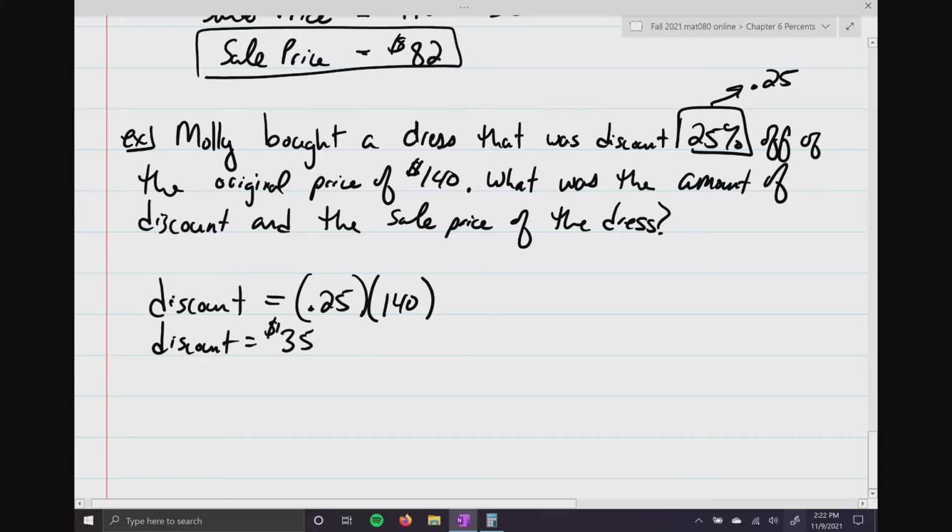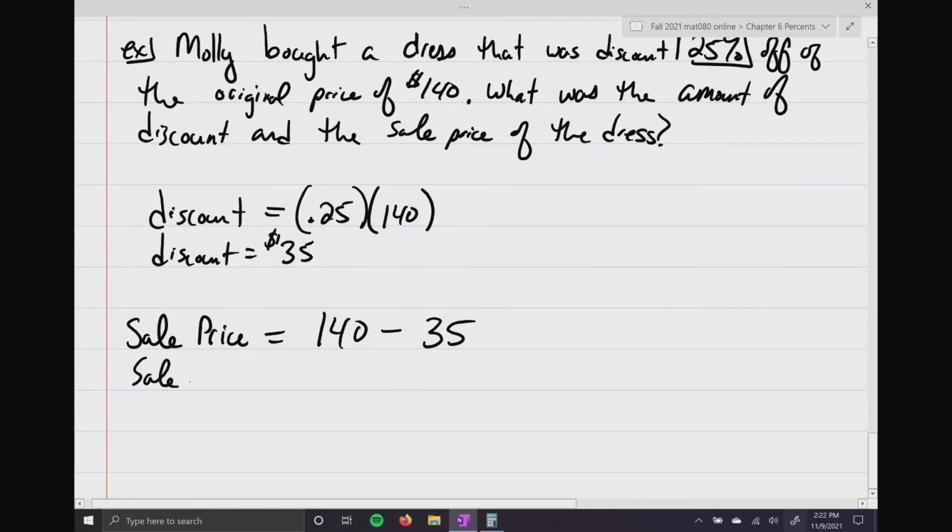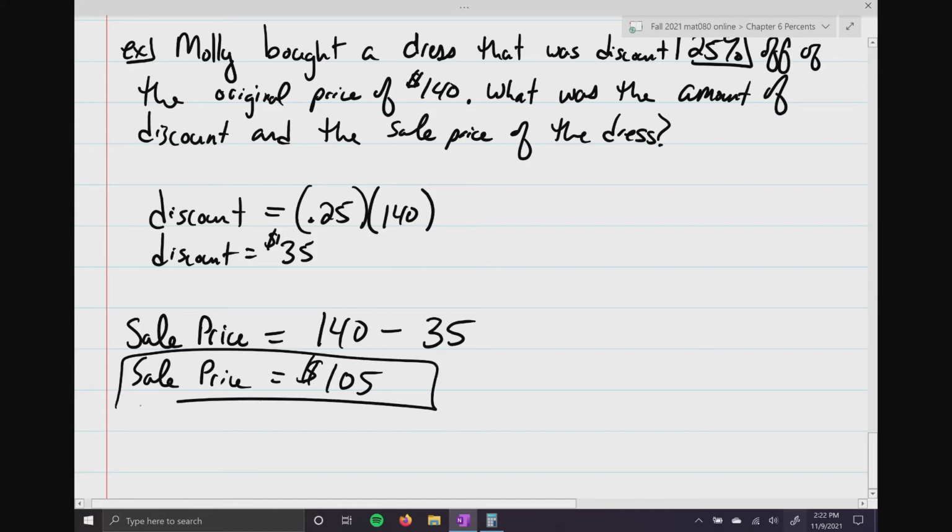That's how much off we're going to get on this dress, because the sale price, remember, is going to equal the original cost, $140, minus the discount, which is $35. So the sale price for the dress is going to be $105. Okay?